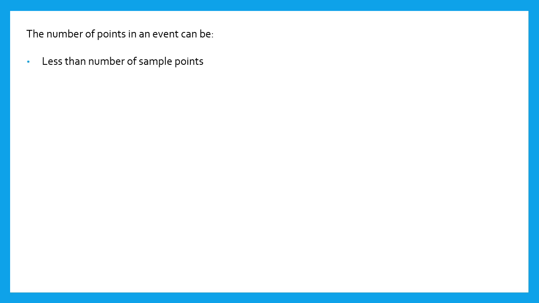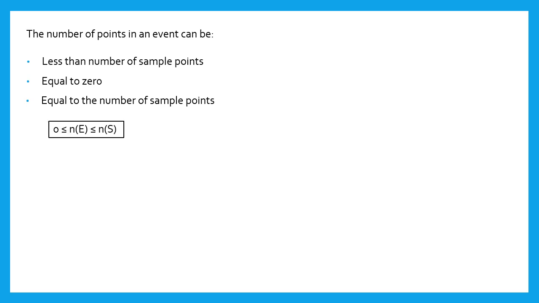From above example, we can say that number of event points can be less than number of sample points, or number of event points can be equal to 0, or number of event points can be equal to sample space. That is, number of event points lies between 0 and sample space.